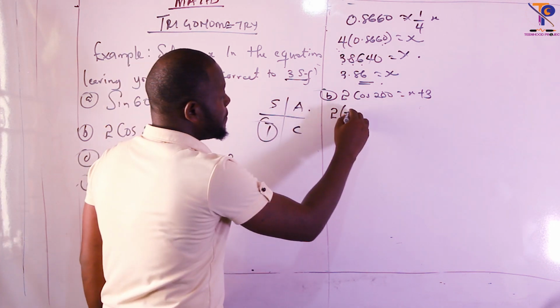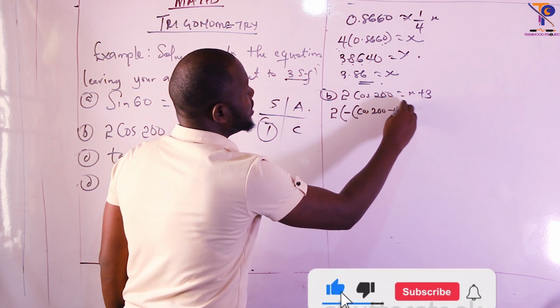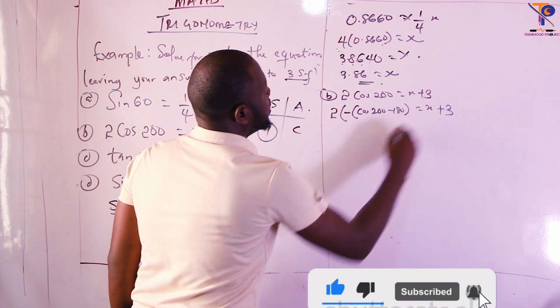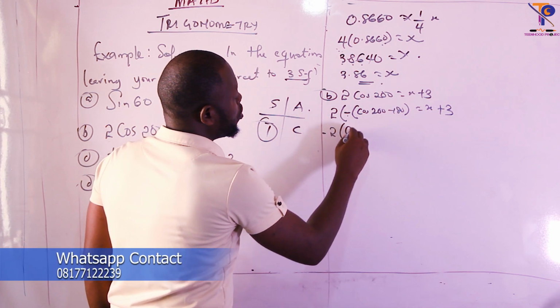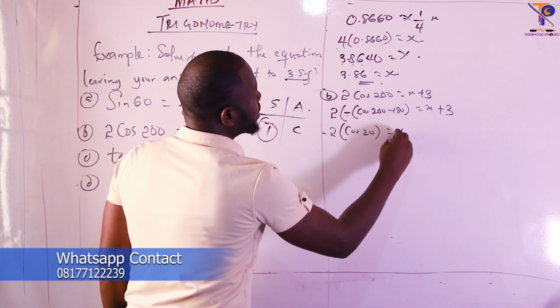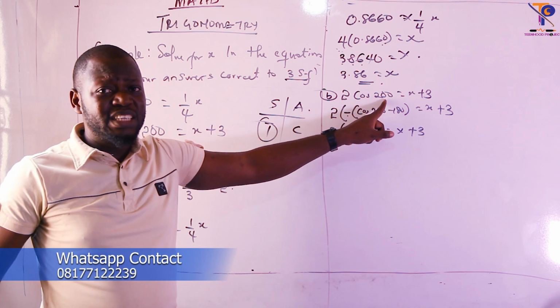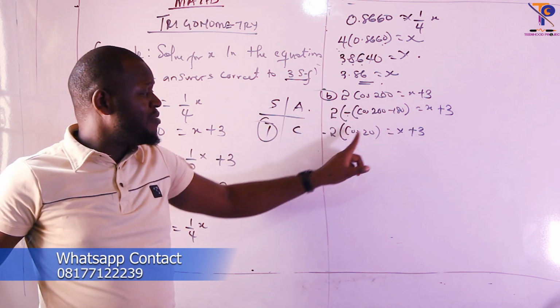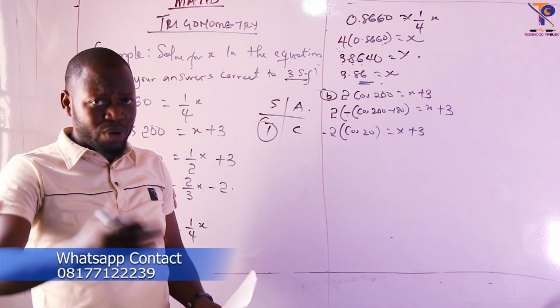So we have minus cos 200 minus 180, which is equal to x plus 3. So we have 2, or let me bring my minus here, into cos 20 equals x plus 3. Of course, if you press cos 200 on your calculator, you will have your answer with negative sign directly. You can check it.